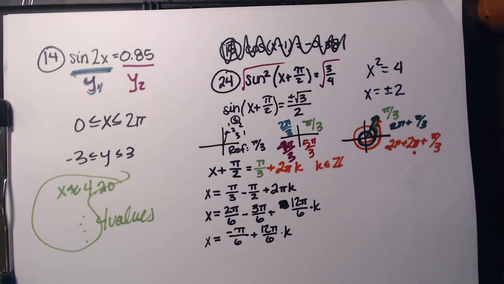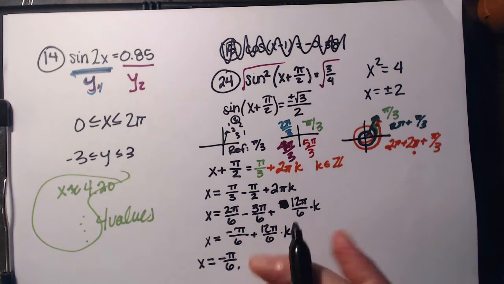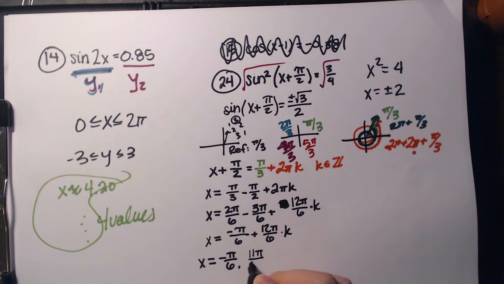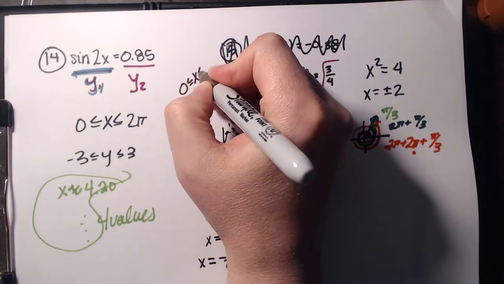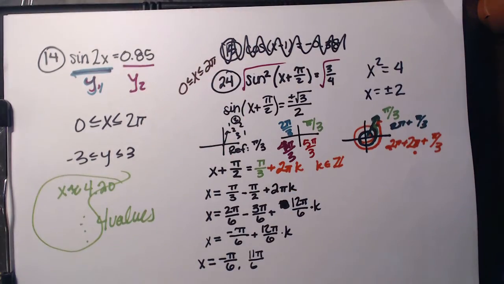Okay, so let's let k be 0. So when k is 0, I get just negative pi sixths. If I let k be 1, so I'm just adding 12 pi sixths, that gives me 11 pi sixths. I could keep going, and I could also subtract more, because there's technically infinite values for that, but my restriction on the problem itself was 0 to 2 pi.